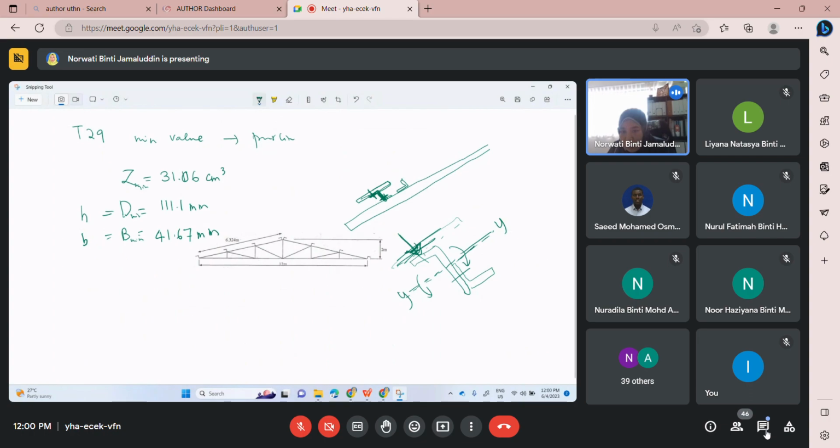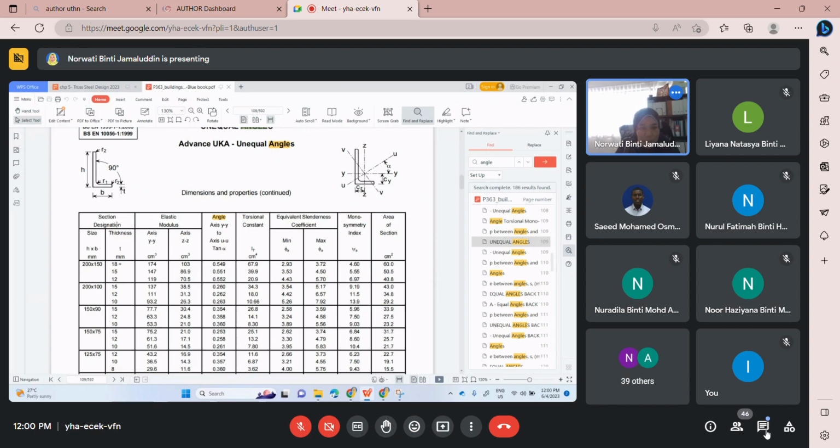Okay, this one is Z. So, due to this loading, of course, the bending will be about the Y-axis. So, in this case, you need to refer to W elastic of Y-axis. Okay? Y-axis. Okay, this is elastic modulus.